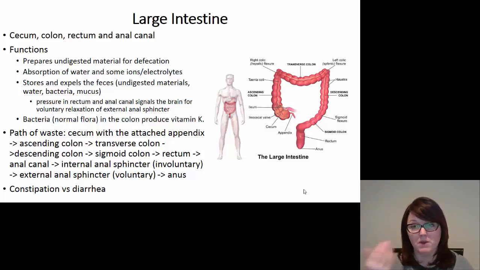So when you take in the Miralax, basically the Miralax goes through the esophagus, through the stomach, through the small intestine, and then the Miralax enters into the large intestine. And because there's so much of this Miralax in the large intestine, it acts as an osmotic agent. And basically what's happening is we're going to draw water out of the body and bring that water into the large intestine where the Miralax is, because water just follows solutes.